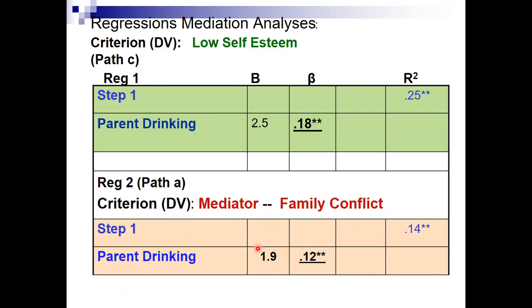Your unstandardized beta is 1.9, your standardized beta is 0.12, and it is statistically significant, okay? And the R square change is statistically significant also. Of course, the model, I mean.